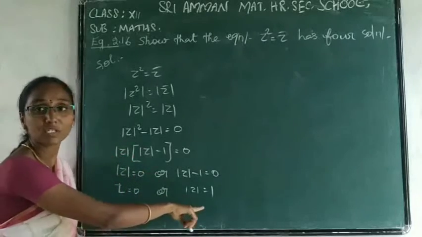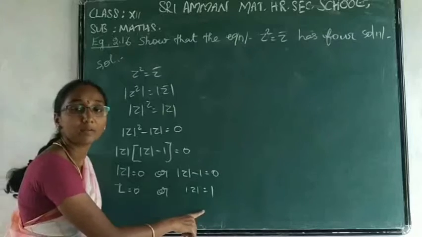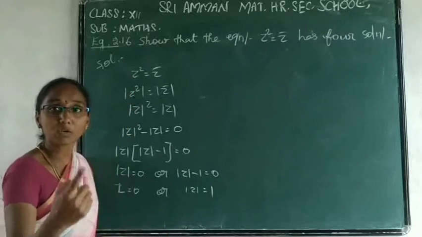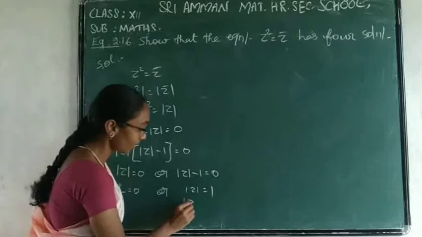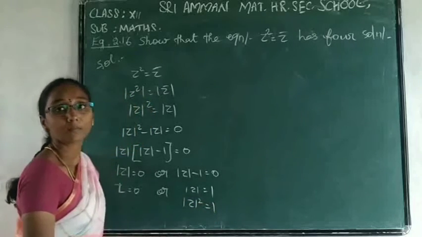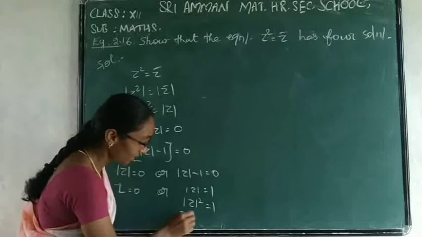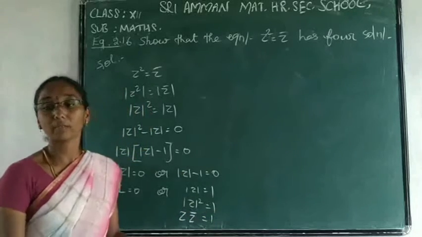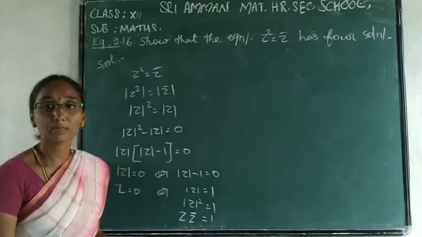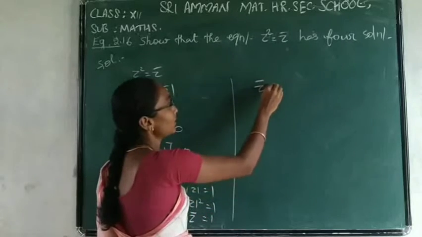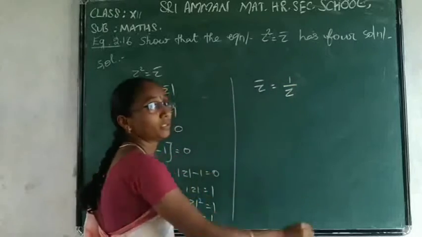Here modulus of z equal to 1. So modulus of z squared equal to 1, which is written as z into z bar equal to 1. So z bar equal to 1 by z.